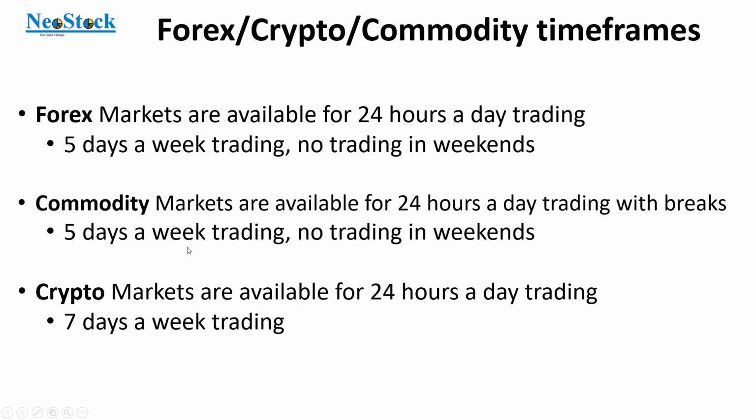But remember, most of these Forex, crypto and commodity markets are 24 hours markets, either with small breaks or without breaks continuously. Even crypto markets are available 24 hours a day. But the difference is, crypto markets have no weekend holidays. It runs 7 days a week continuously without a break.